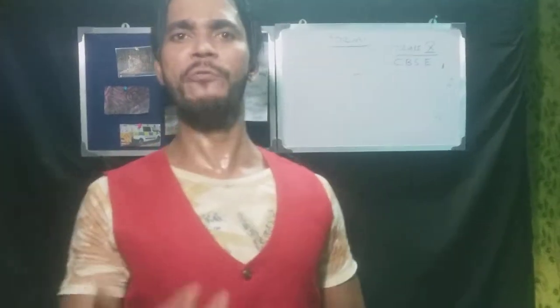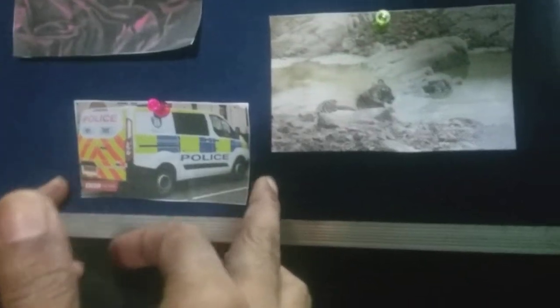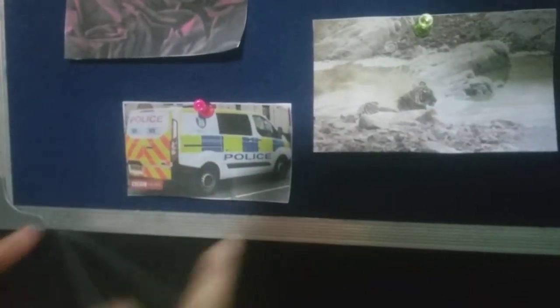Patrolling is generally a car, a police van, for guarding a particular area at night. Look at this one. It's a patrolling van, it's a police van. It is used at night to guard an area.